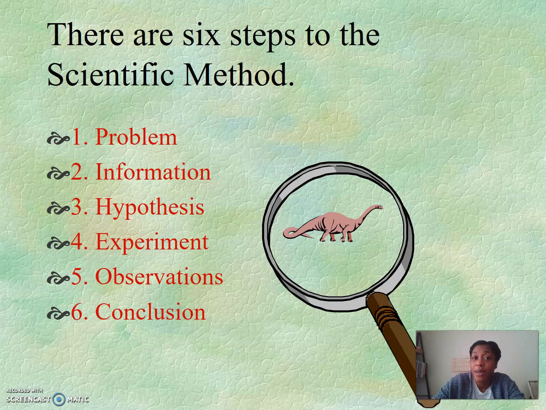There are 6 basic steps to the scientific method. There is the identification of the problem, asking that question. Then you have to research your topic to come up with the information to help you develop a hypothesis, an educated guess or tentative explanation as to why something is the way it is.